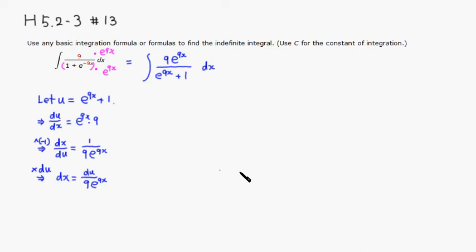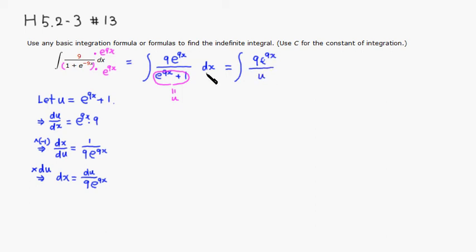All right, so let's rewrite this guy. This is going to be equal to an integral. Remember that we decided to call the entire denominator u. So you would have, I'm going to leave the 9 e to the 9x as it is, then the denominator becomes u.